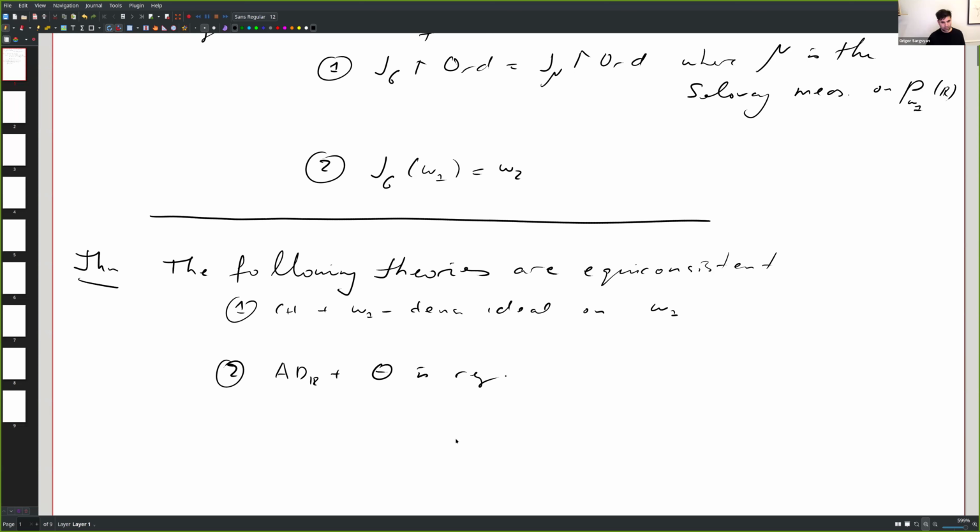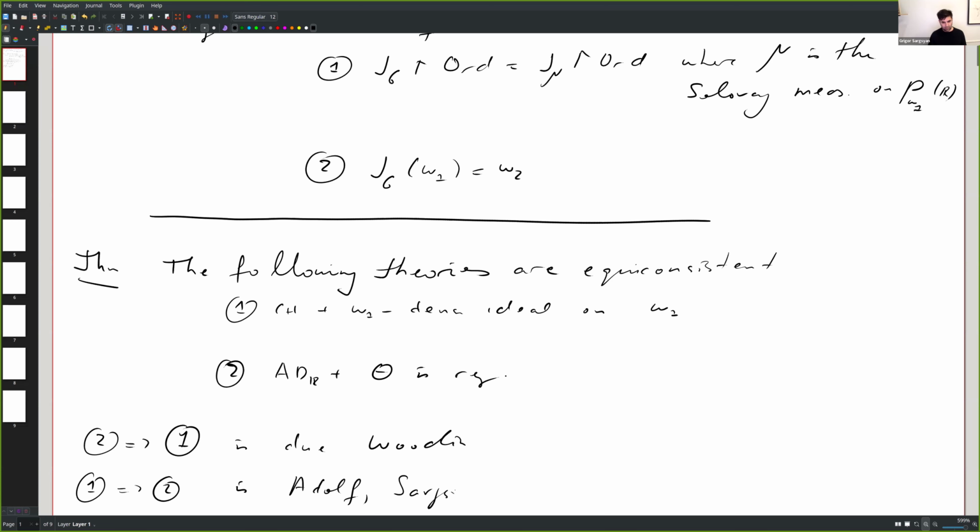So this is the direction that I am doing. 2 to 1 is by myself, and 1 to 2 is by Trang, Wilson, and Zeman.